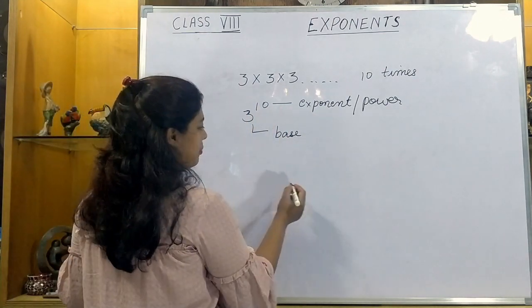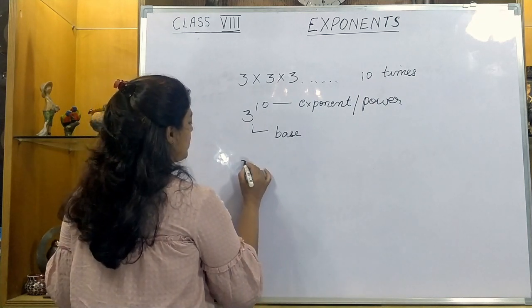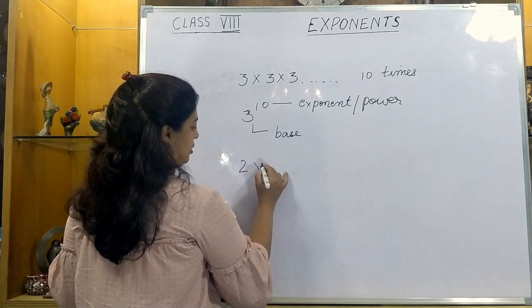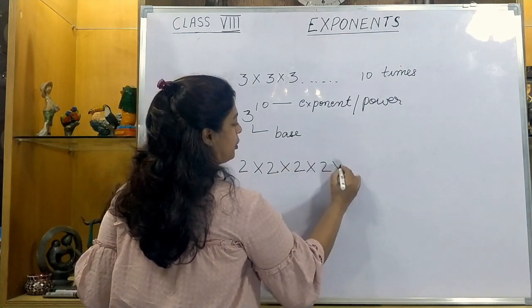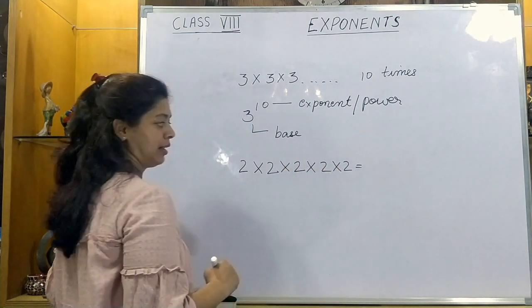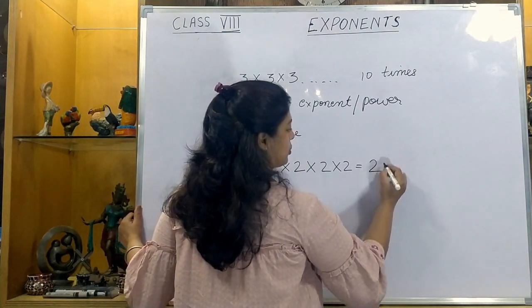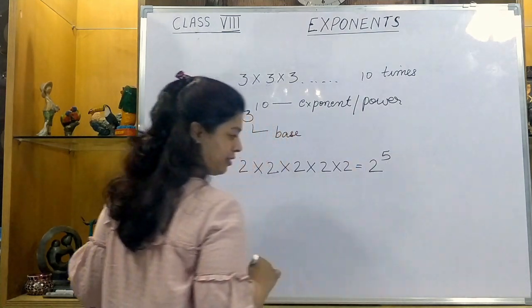I will take another example. Suppose I have to multiply the number 2 5 times. So, instead of writing 2 into 2 into 2 into 2 into 2 5 times, I can write this as 2 raised to the power of 5.